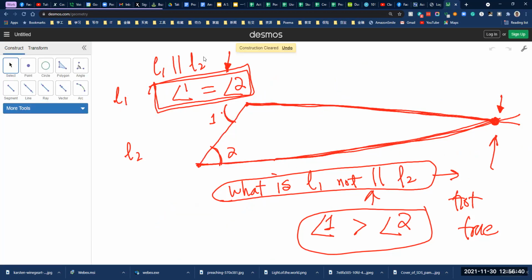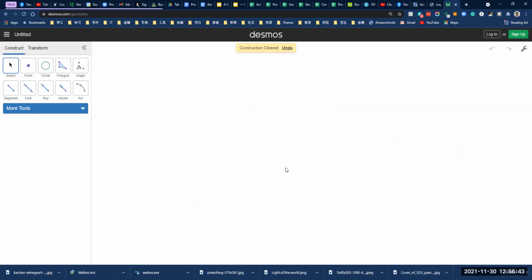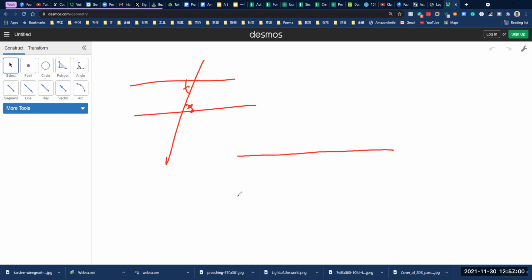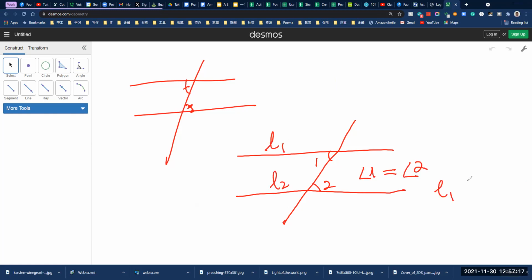So the previous theorem said that if two parallel lines have a transversal, then the alternate interior angles have to be congruent. This time we're going the other way around. If there are two lines and a transversal, and if angle 1 and angle 2 are congruent, then the lines L1 and L2 have to be parallel. So it's the other way around.